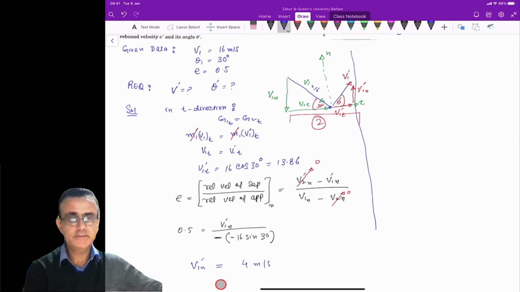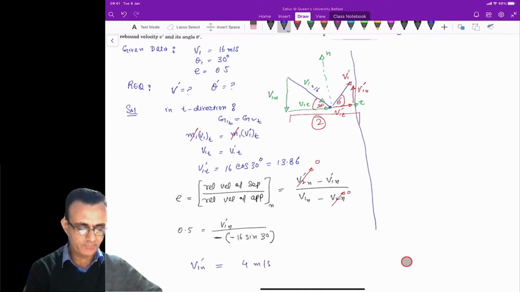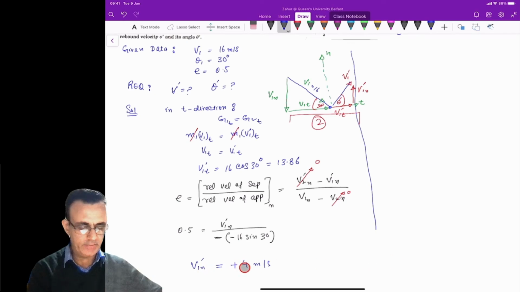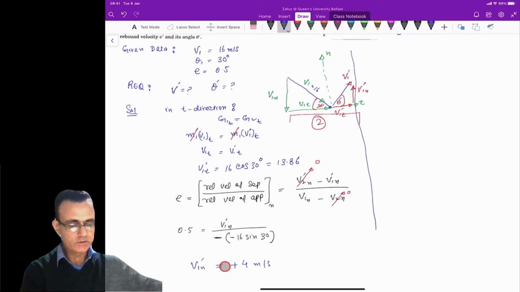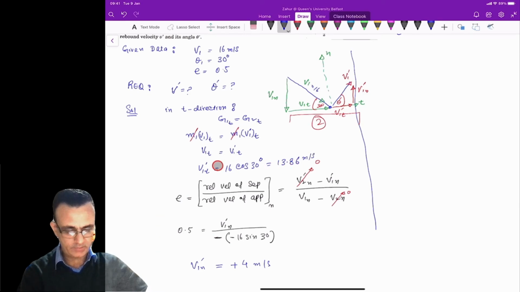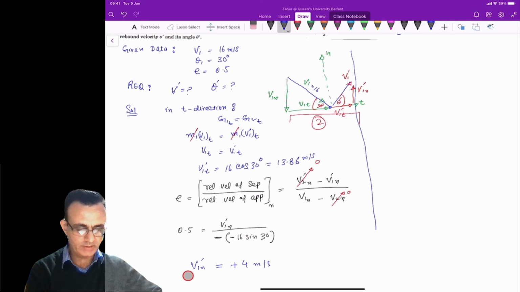You can see that v1 dash n is positive, because negative and negative give positive. So we calculated v1 dash t, which is positive, and v1 dash n.